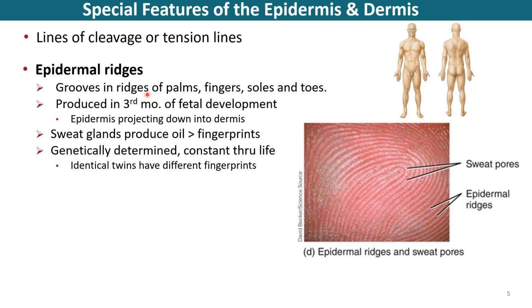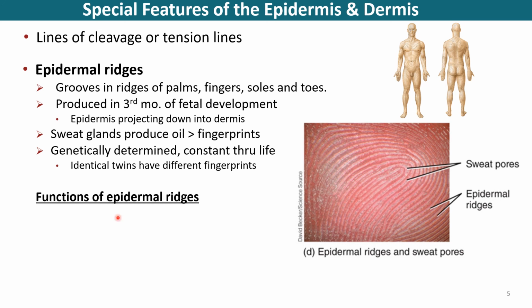So there's something about epigenetics, and epigenetics kind of looks at how the environment manipulates your gene expression. So sometime in that 3rd month, those 2 little twins in the uterus, even though they're identical, something is different, changing how these epidermal ridges are getting formed.